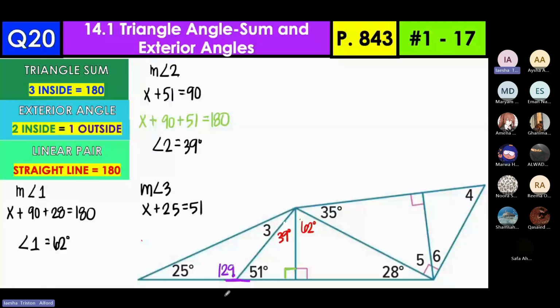So if you want to use triangle sum now, it would be x plus 25 plus 129 equal 180. It doesn't matter. You can use the first equation or the second equation. It is your decision. But just remember, if you're using triangle sum, you need to take the number from the linear pair so you can get 3 inside.